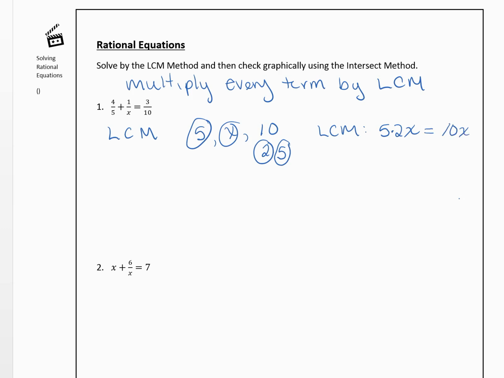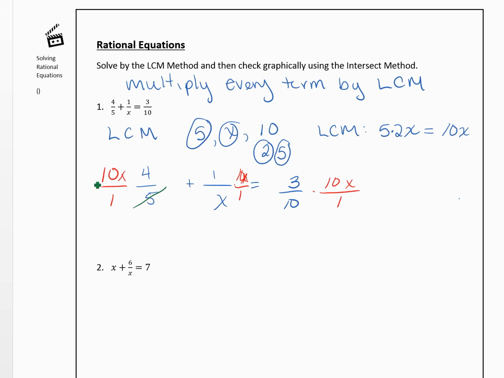So we're going to take our rational equation here, 4/5 plus 1 over x equals 3/10, and multiply every term by the least common multiple. And remember, this is 10x over 1. So we're going to multiply each term by 10x over 1. Now when we multiply these, here we can cancel out a 5.